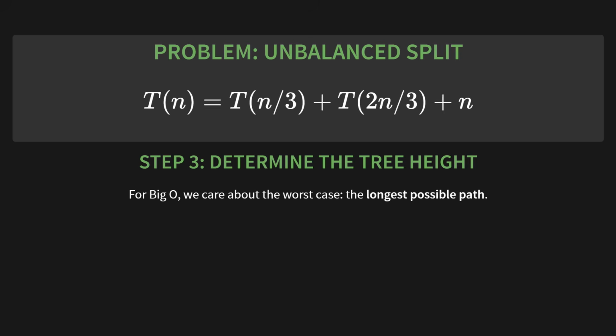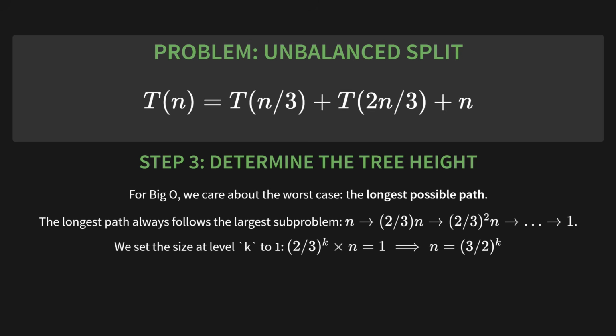Determine the tree height. For a big O analysis, we care about the worst case. That means we need to find the longest possible path from the root to a leaf. The longest path will always follow the largest subproblem. So it's the path n to (2/3)n to (2/3)^2 n, all the way down to 1.